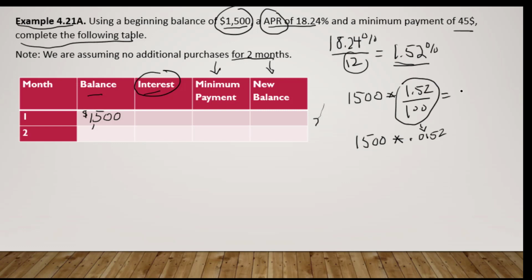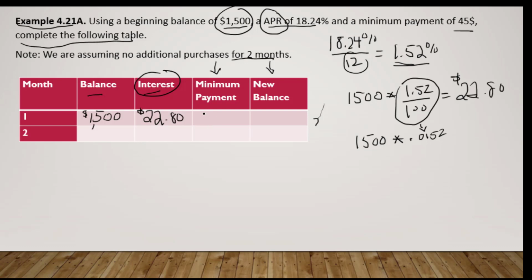So we need our calculators for this. So when you put it on pause, get out your calculator, make sure you're understanding this. 1,500 times 1.52 divided by 100. And I'm getting $22.80 in interest for the month. So I'm going to put that there.